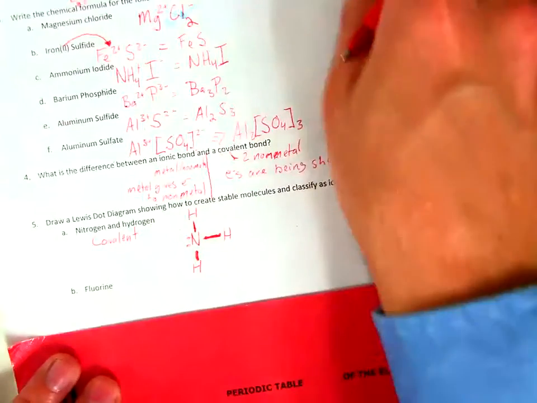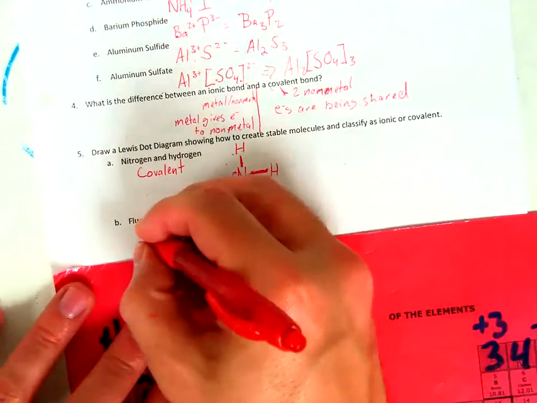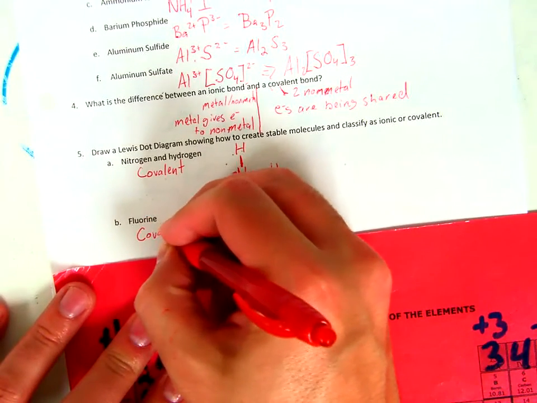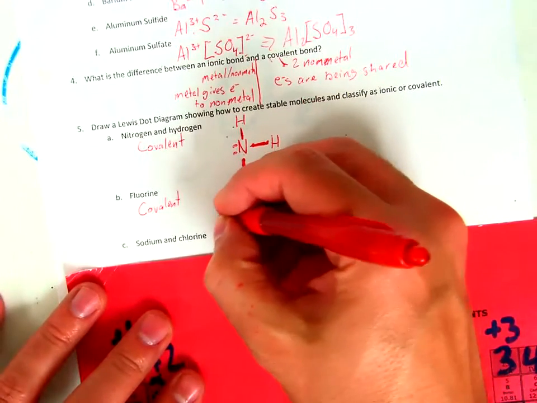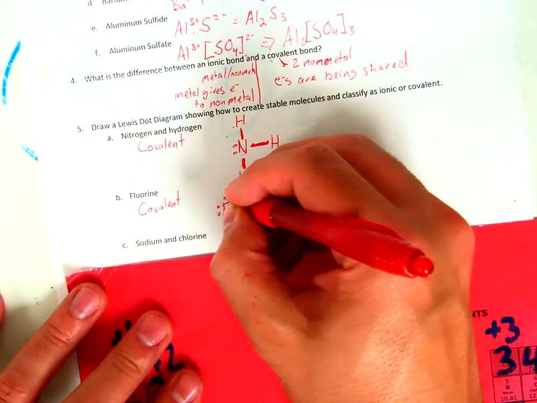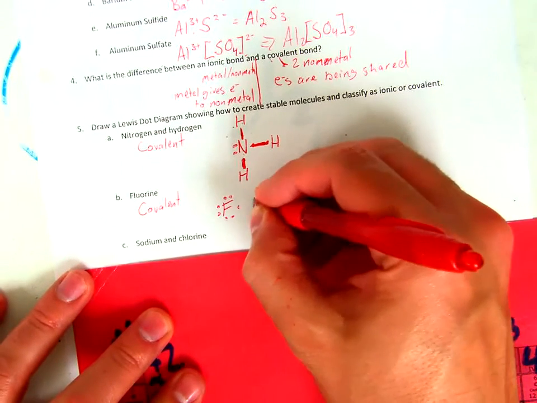Fluorine. If I bond fluorine with fluorine, that would be 2 nonmetals, right? So that's covalent. Fluorine is in group 17. There's our most reactive nonmetal.